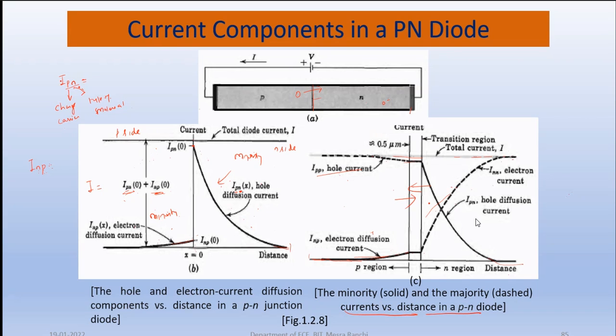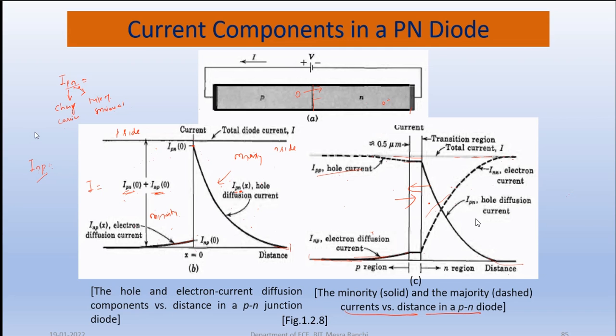The whole current in the n type of material, at the n side. Similarly, INP is the electron current at the p side, right? So once we read it, it is read like this.